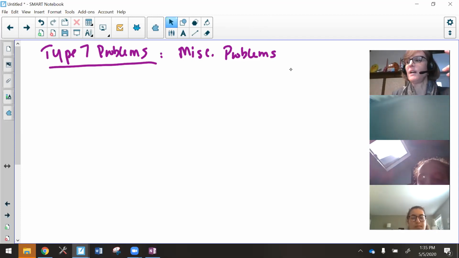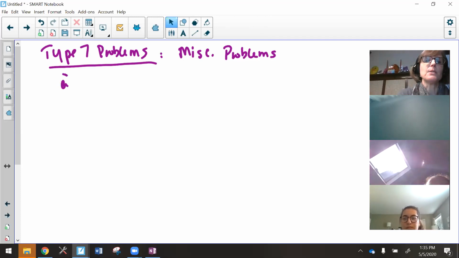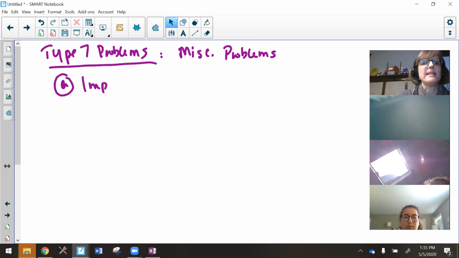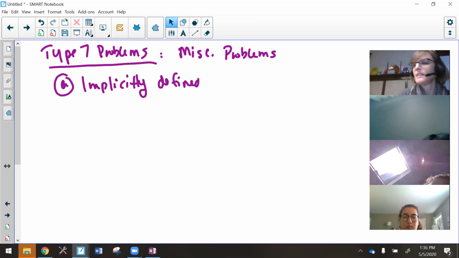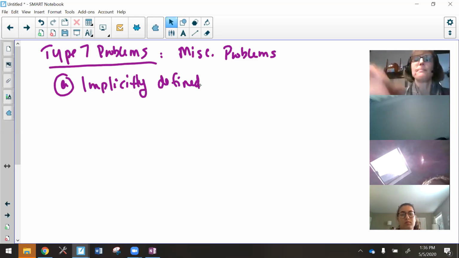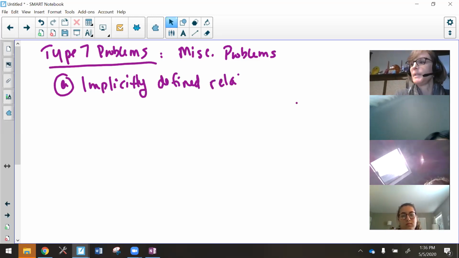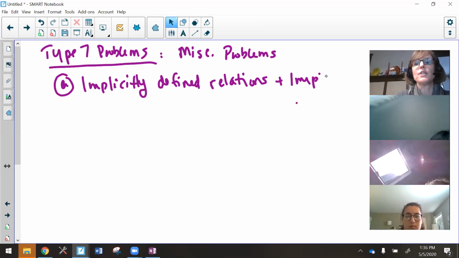They really fall into two categories, one of which we've already looked at a bit. Those are implicitly defined relations, and therefore implicit differentiation.